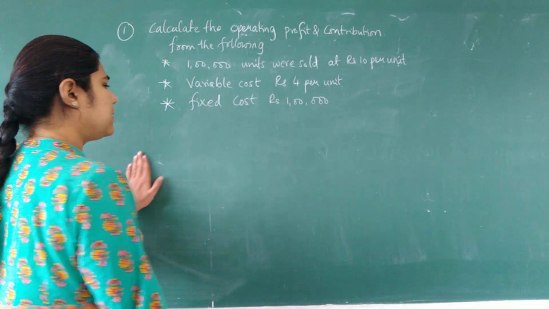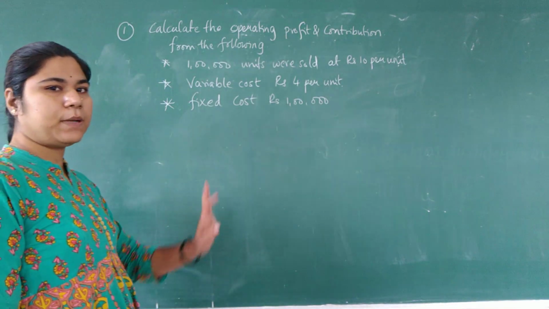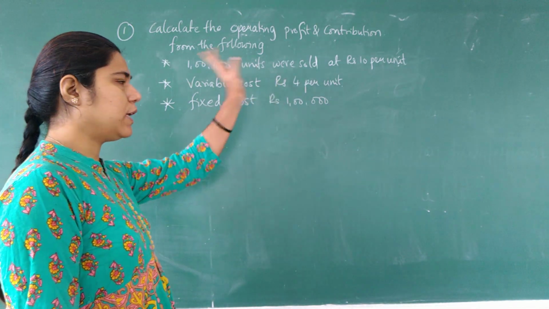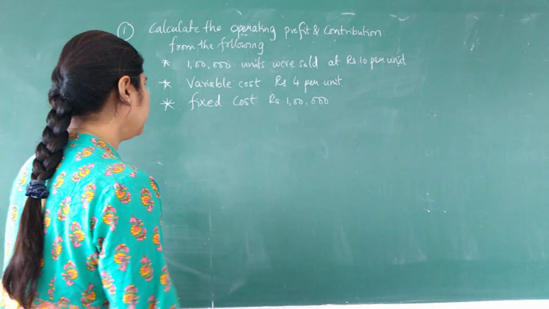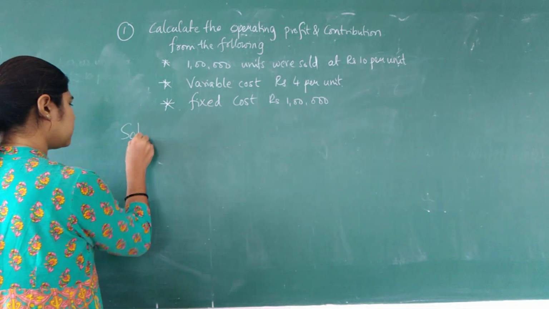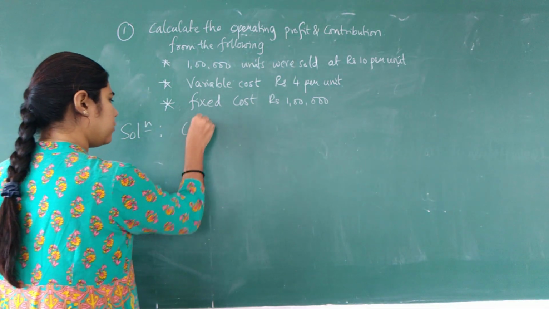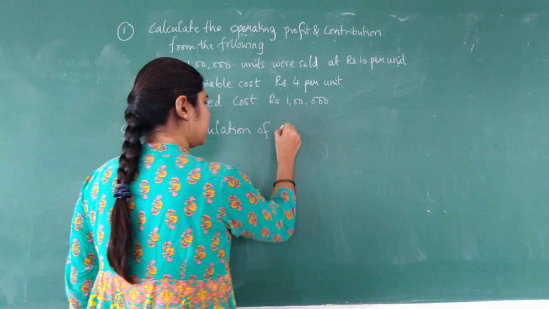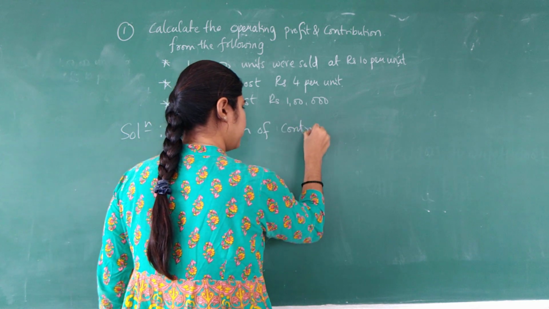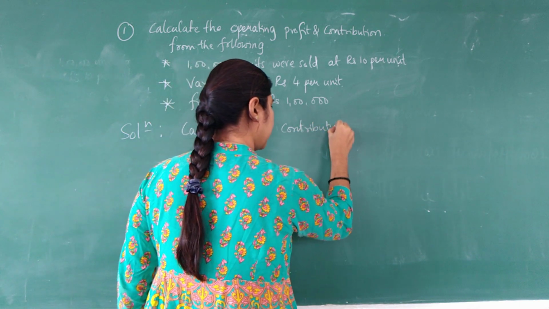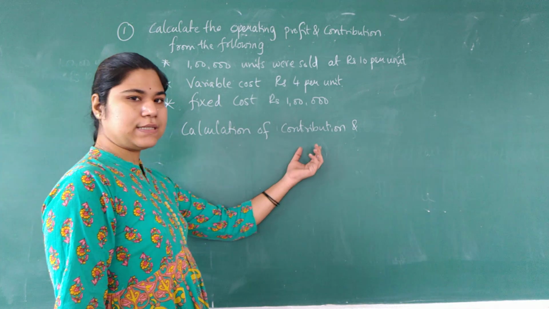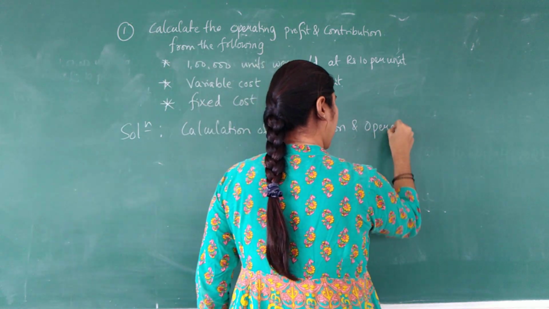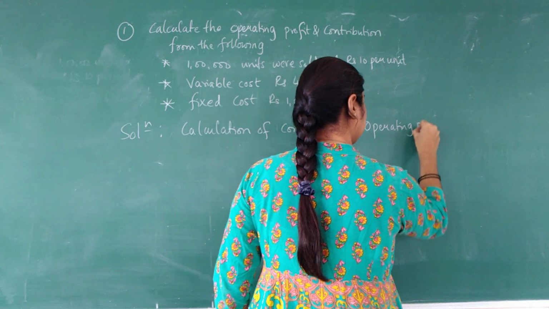Here I will draw the table, in which we can solve the contribution and the operating profit at a time. Solution: calculation of contribution. First we will calculate the contribution, so I will write that first, and later we will calculate the operating profit.